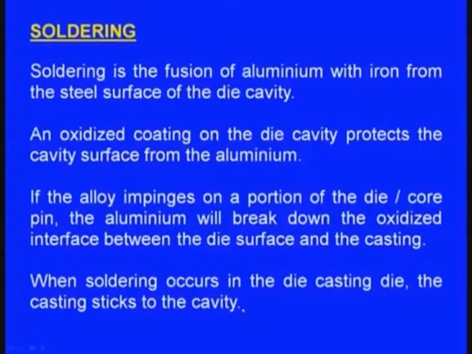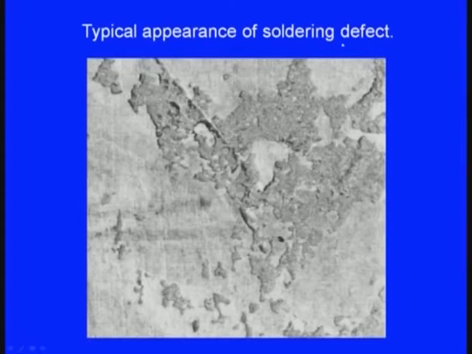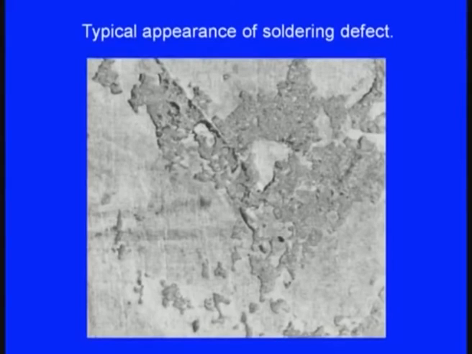So, when soldering occurs in the die casting die, the casting sticks to the cavity. Consequently, the molten aluminum alloy will be sticking to the dies. So, this is the typical appearance of soldering defect. You see here, the background is the die and the molten aluminum is sticking to the die surface. The die is damaged and the casting is also damaged.